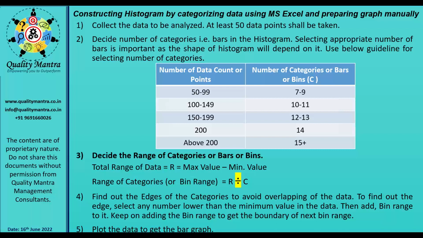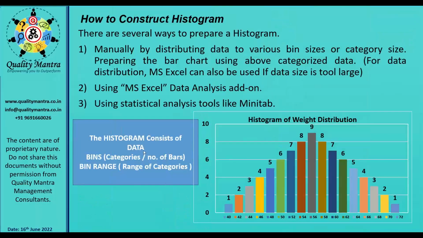Then we have seen constructing the histogram by categorizing data. So for that, the histogram has data, then categories, number of bars, and then it has the range. So you need to first decide on the bins and the bin range.